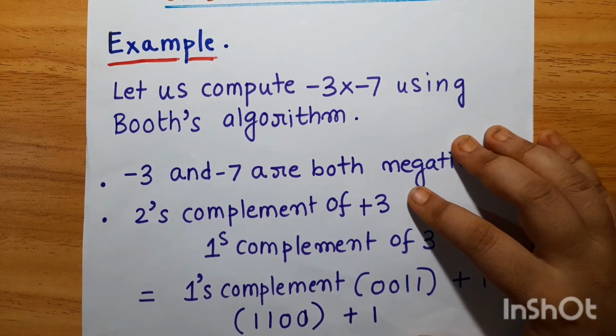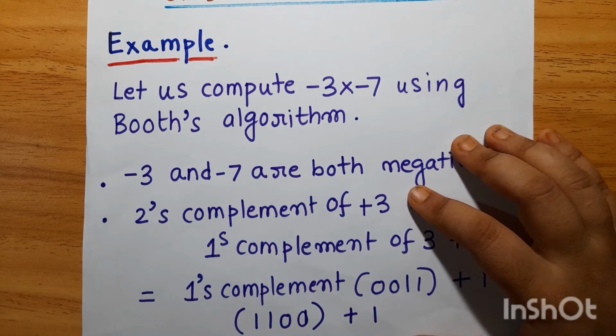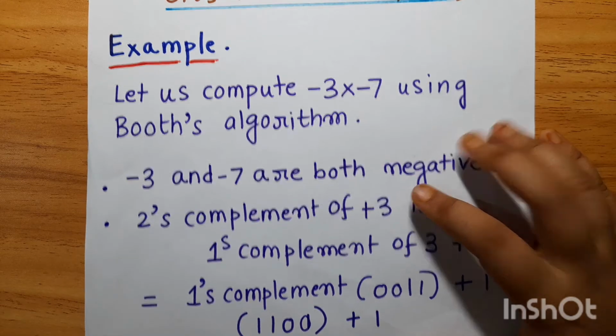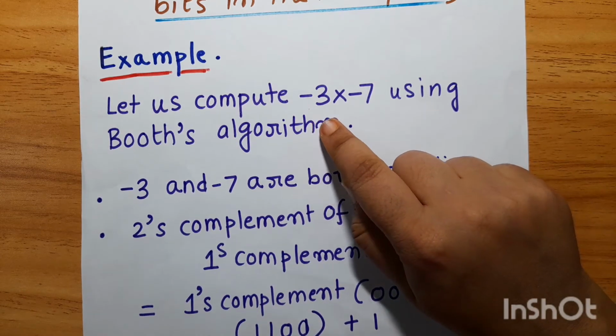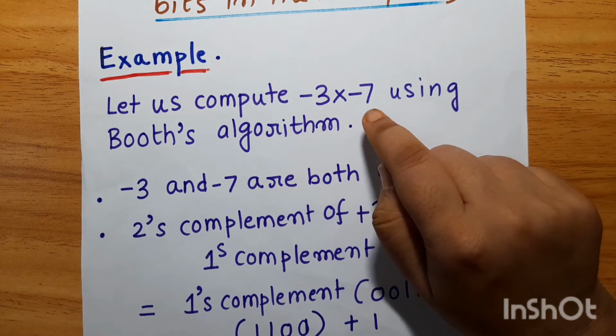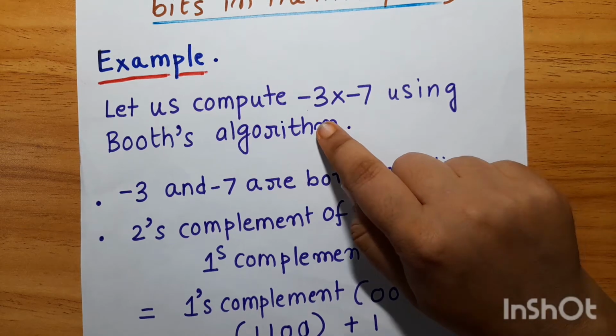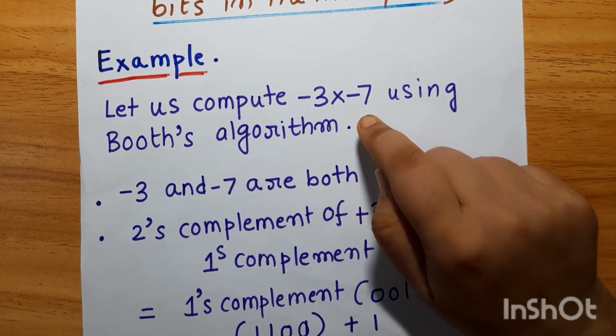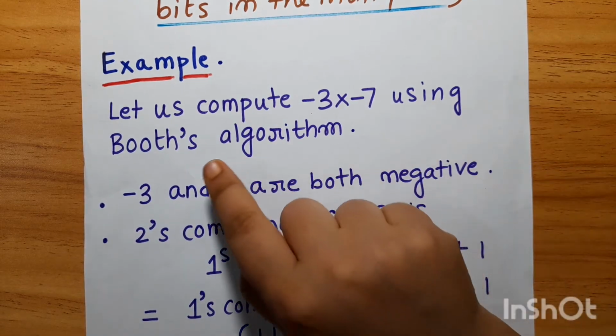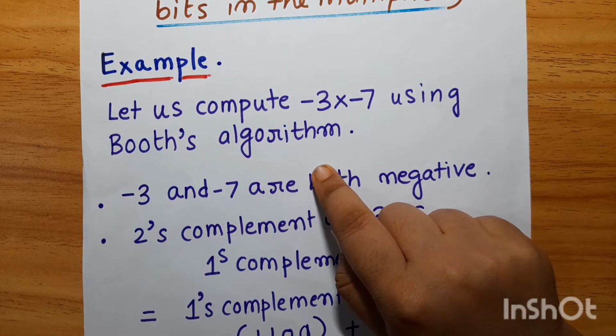Now let us see an example where I will multiply minus 3 with minus 7. Minus 3 is the multiplicand, minus 7 is the multiplier. Minus 3 is negative, minus 7 is negative too. We will multiply them using Booth's algorithm and we will see the result, whether it is equal to 21 or not.